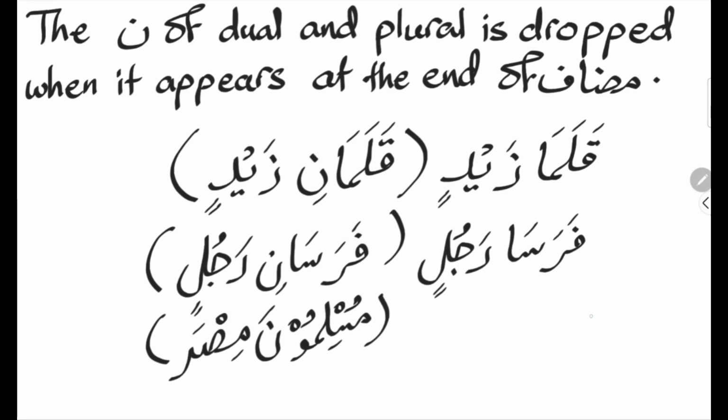You're going to write Muslimu Misra. Likewise, if this was in the state of nasab, meaning it was Muslimina Misr, same thing, you would drop the noon, it would become Muslimi Misra. So that's the gist of it. The noon of dual and plural is dropped when it appears in the end of mudaf.